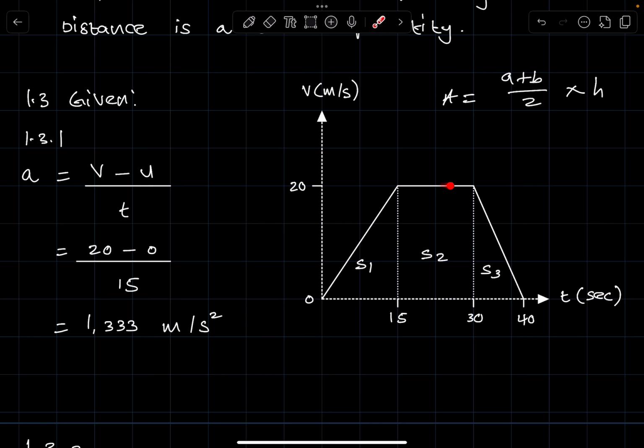Area of a trapezium being this one. So you're going to take this as A. So A is 30 minus 15. From here to there is 30 minus 15. From here to there is essentially T3.